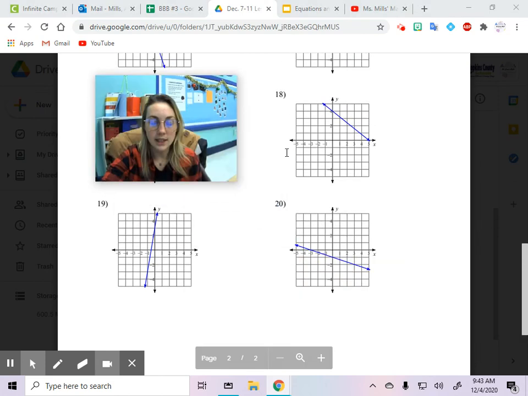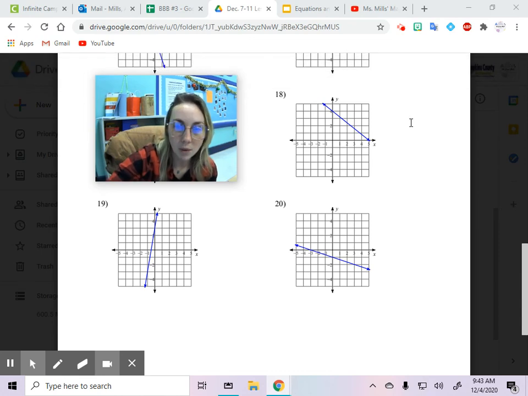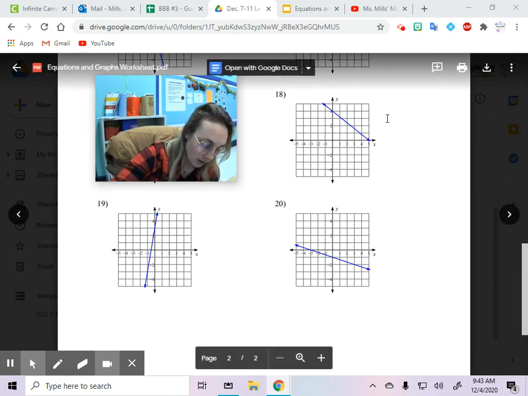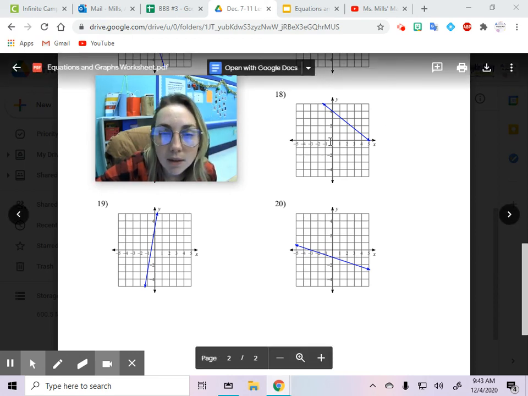Let's do number 18 right here. This looks good. So we have to find the slope and the y-intercept. So to find the slope, again, we just have to pick 2 points on this graph. I'm going to pick this point right here, which is 4, 0.